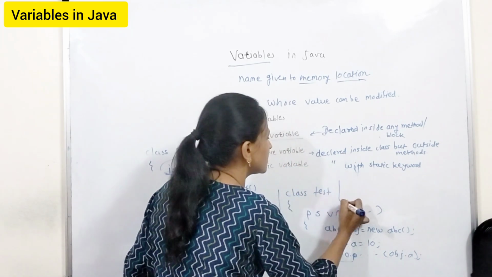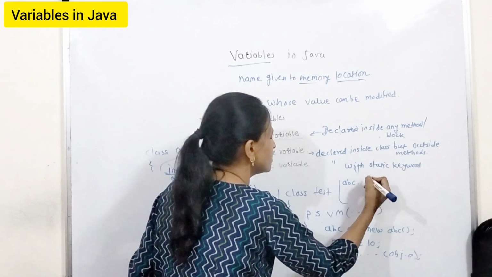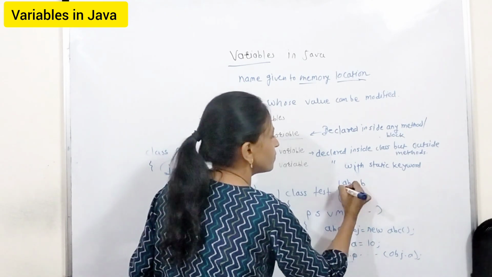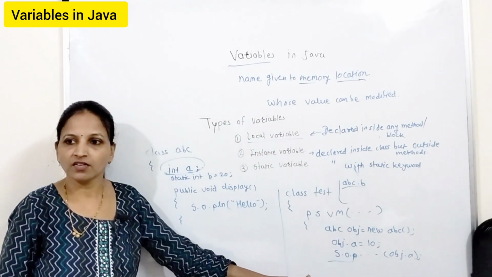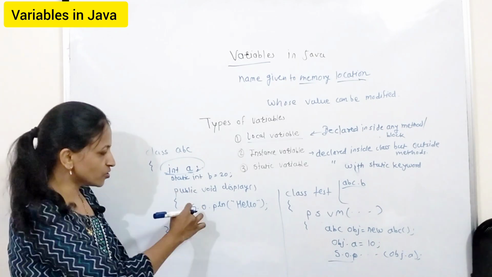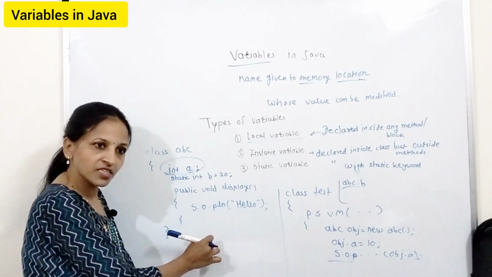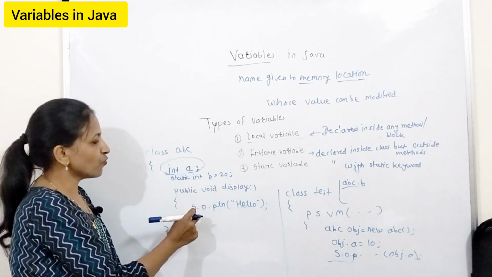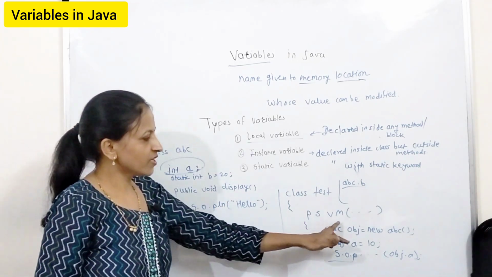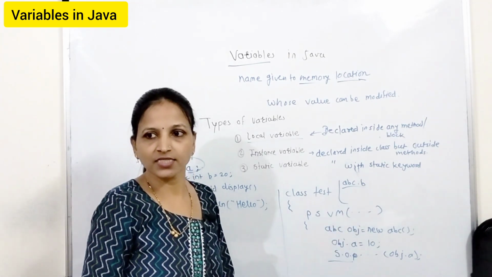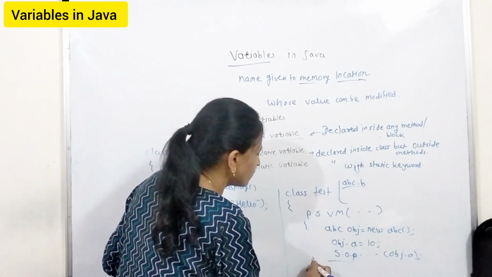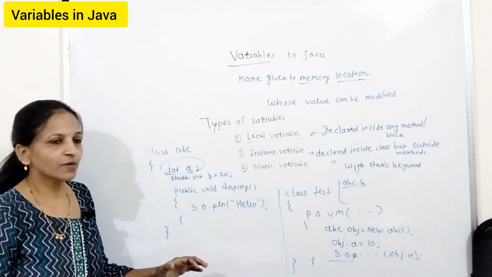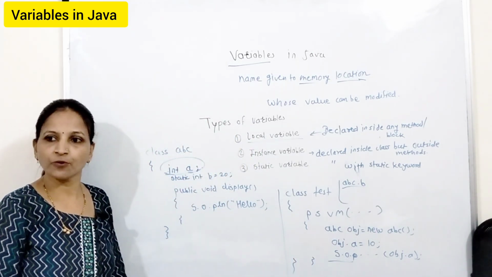Here I am writing ABC.b. In this way you have to access that variable. Here also, if you have written public static void main, in that also you can write the same thing. Next, if there is any local variable, you can directly access it. Getting? In this way we can create multiple types of variables in our Java program.